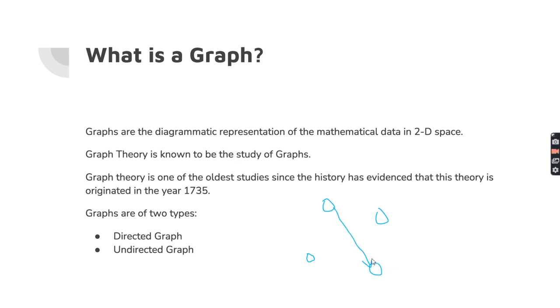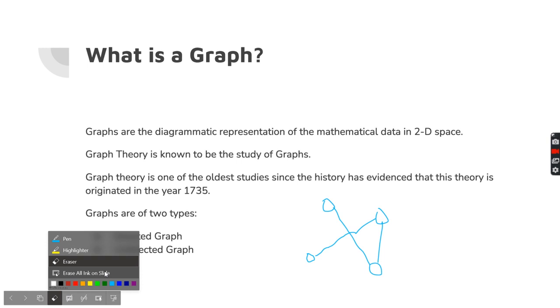The top node is pointing to this node, and this node to this node, and this top node is connecting to this bottom one. So this is a directed graph, and this graph becomes undirected when there are no arrow marks saying that the data is transferred in such a way. Now this graph became an undirected graph, since there are no directions specified to the vertex.